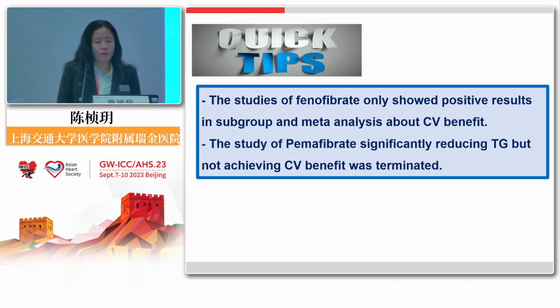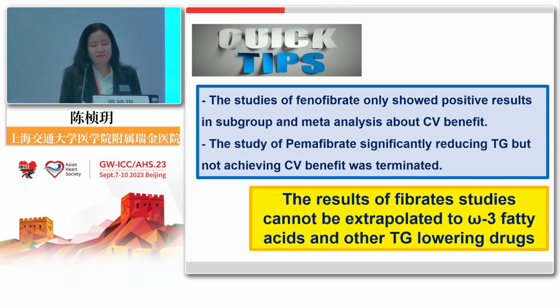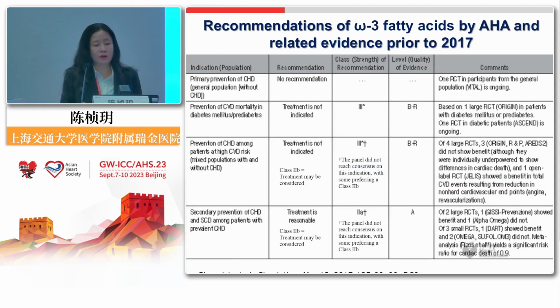The studies of fenofibrate only showed positive results in subgroup analysis and meta-analysis about the CV benefit. The study of pemafibrate significantly reducing TG level but not achieving CV benefit was terminated. But these results of fibrate studies cannot be extrapolated to omega-3 fatty acids and other TG-lowering drugs.